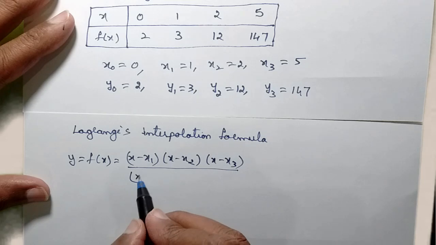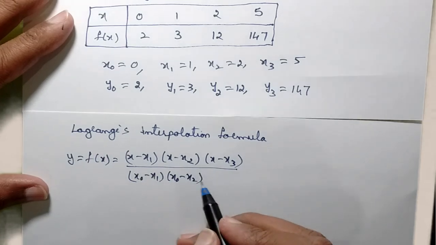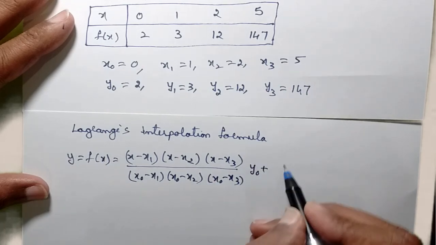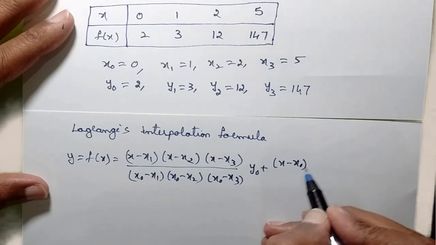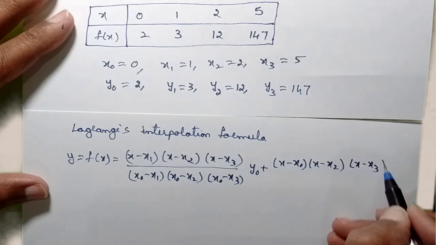Here x0 is missing, so we'll be writing x0 minus of x1, x0 minus of x2, x0 minus of x3, into y0, plus x minus of x0, x minus of x2, x minus of x3.